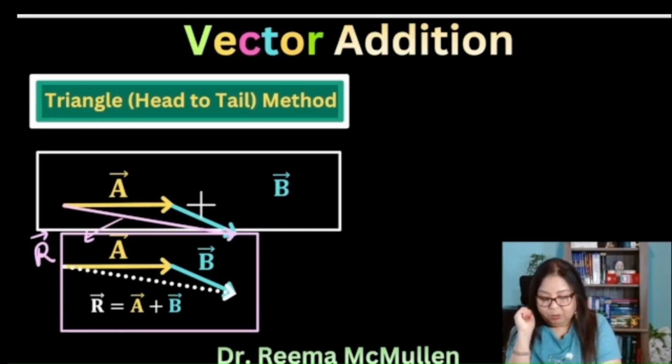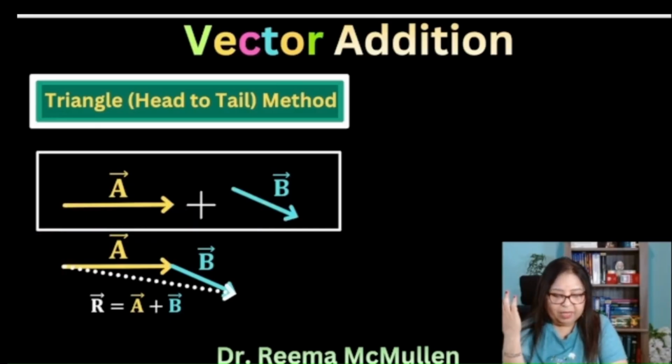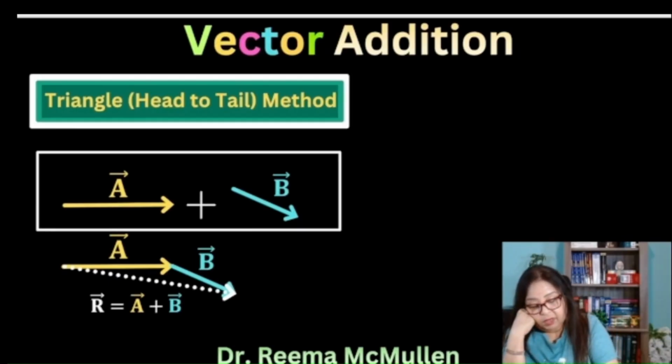All right. Moving on. Same thing, triangle method, head to tail. Now, why is it called head to tail? Because here is the head of vector A, and this over here is the tail of vector B. So you're going from the head of the first vector to the tail of the second vector.